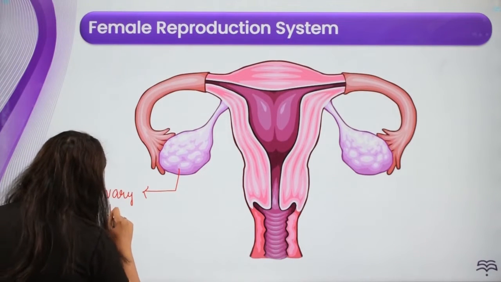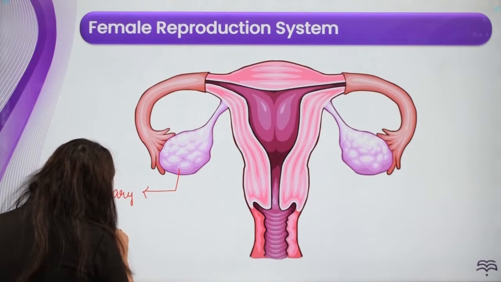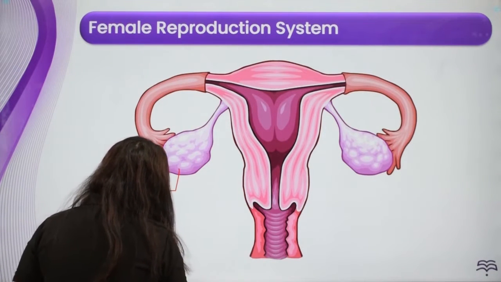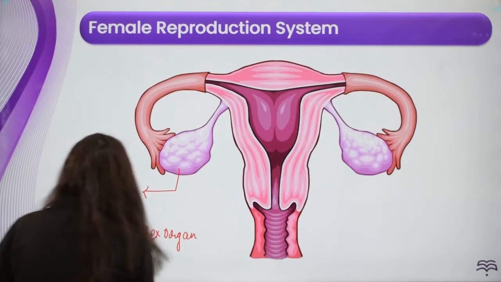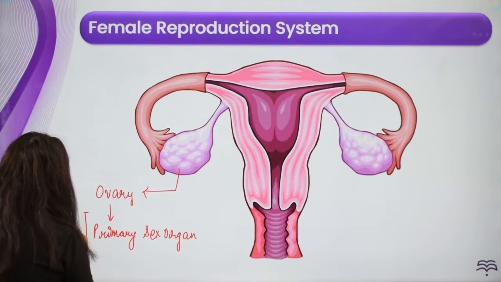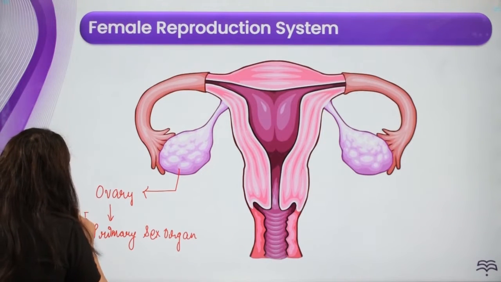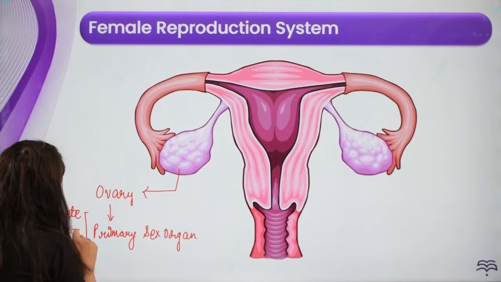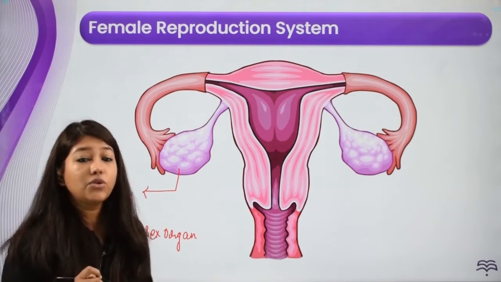We have discussed previously that the ovary is the primary sex organ. What is the meaning of primary sex organ? Here gamete formation is happening, that is ovum formation is happening, and that's why the ovary is the primary sex organ.